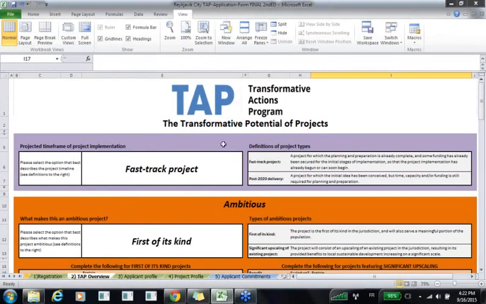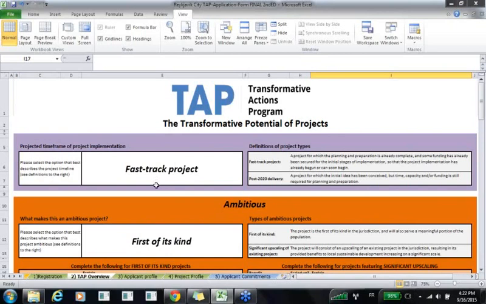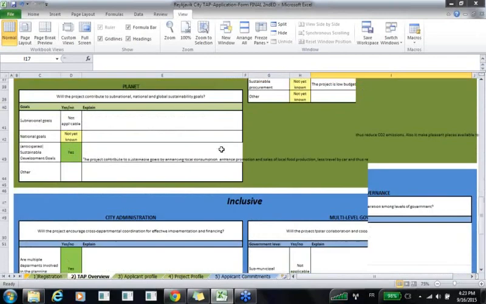For those who are not that familiar with the TAP application form, the TAP Overview tab of the application form looks like this. This is a very important part of the application form, and this is where the applicant tries to demonstrate the transformative nature of the project that was submitted, according to what we define as being transformative, meaning that the project has to be ambitious, cross-cutting, and inclusive.